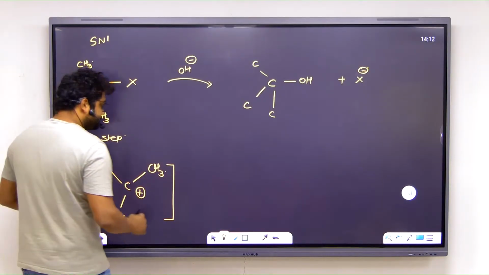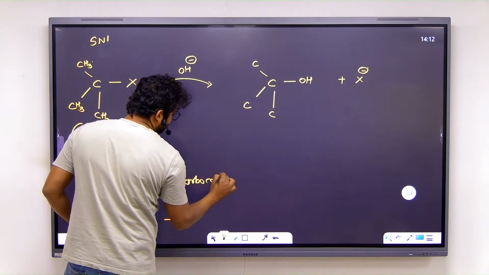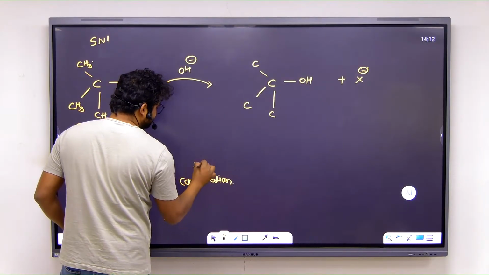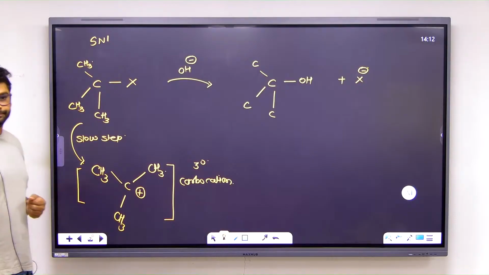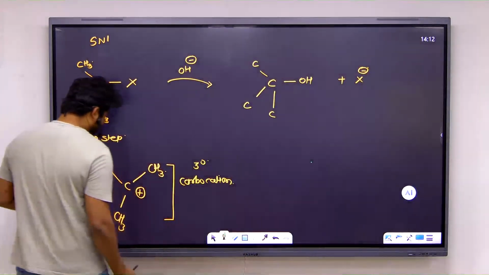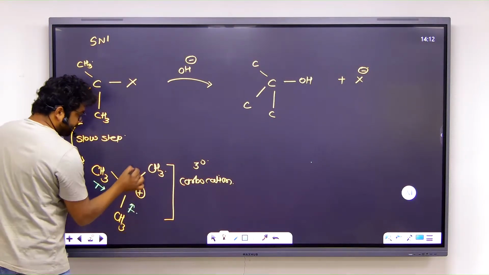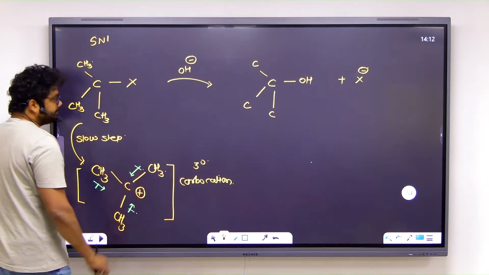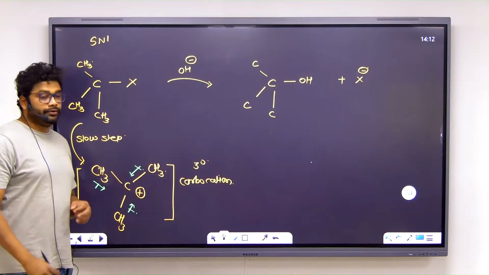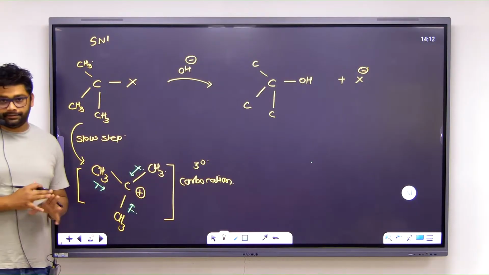So the first thing you get is a carbocation which is what? A tertiary. And the tertiary carbocation is one of the most stable carbocations because three single bonded groups are donating electrons and making it stable.